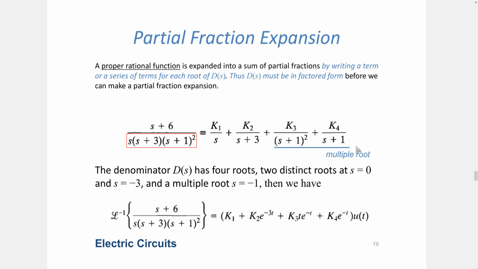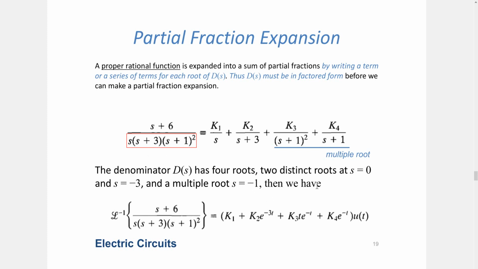As you can see, the denominator has a degree of 4, because s plus 1 squared will have s squared, and if we multiply it with s, it will be s cubed, and then s to the 4. So since we have 4 roots in the denominator part, we will have 4 different terms. And from here, we are going to get a root at s equals 0, a root at s equals minus 3, and multiple roots at s equals minus 1.